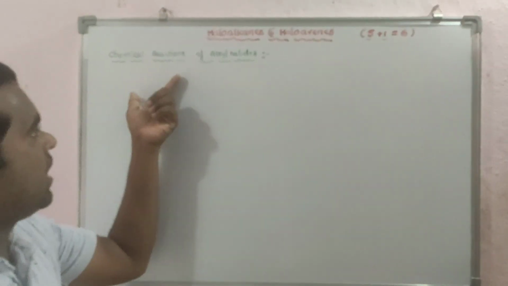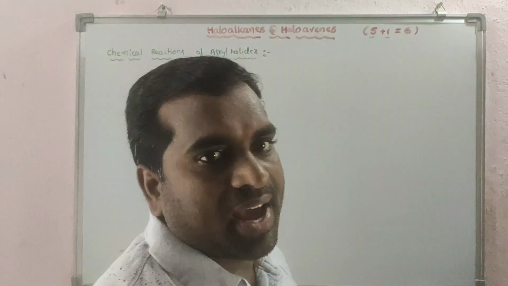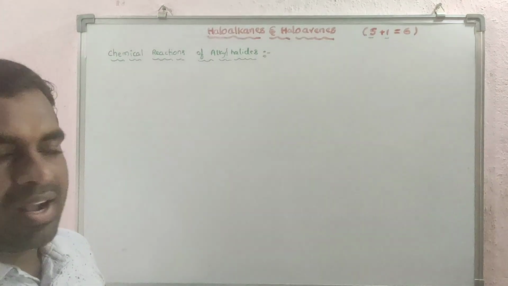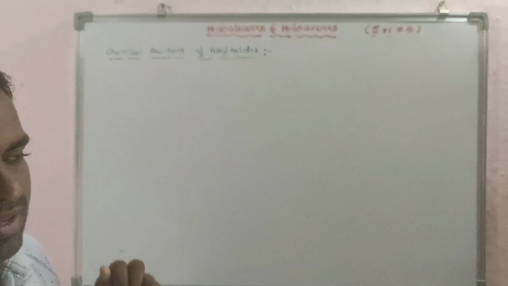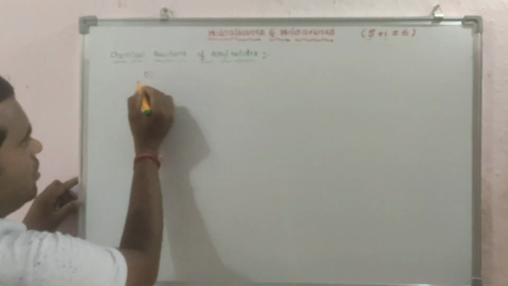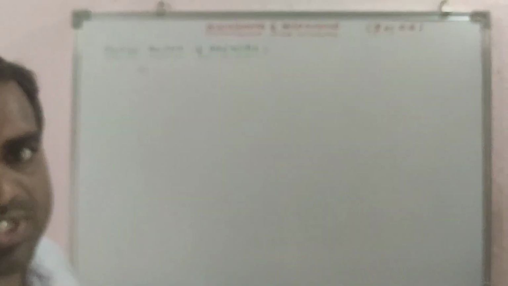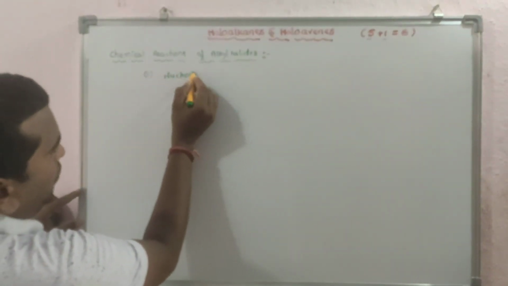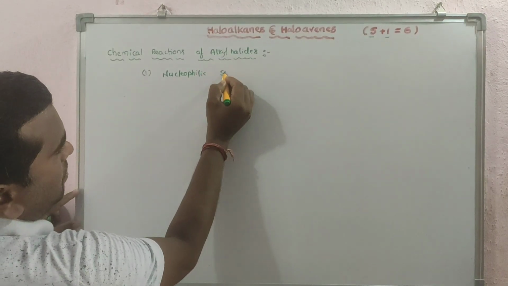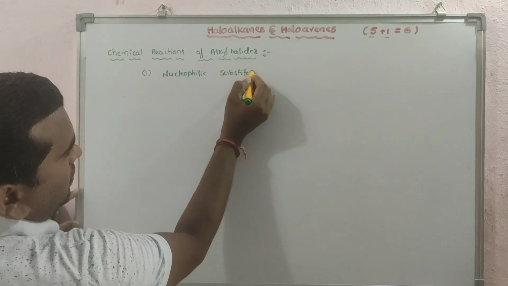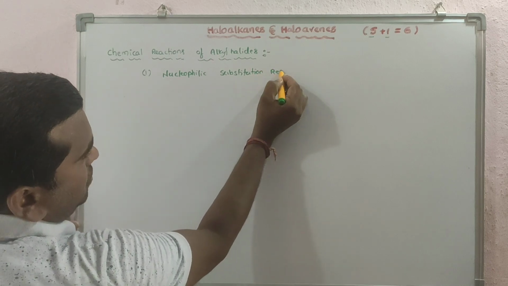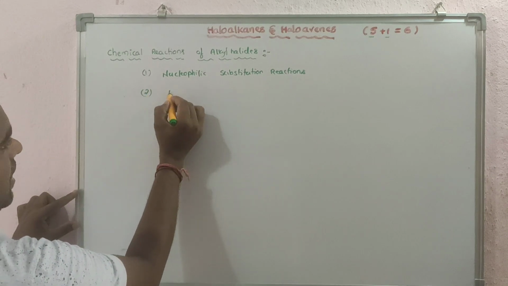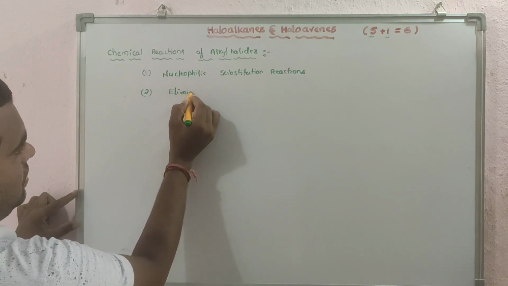Next one is chemical reactions of alkyl halides. The chemical reactions of alkyl halides are divided into 3 categories. The first one is nucleophilic substitution reactions. The second one is elimination reactions.